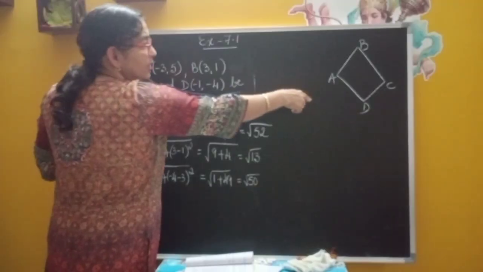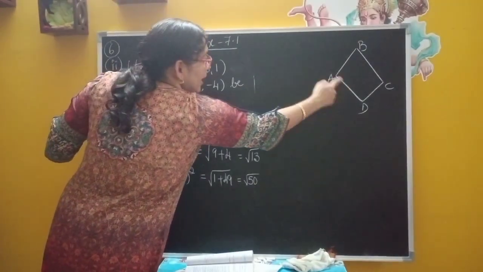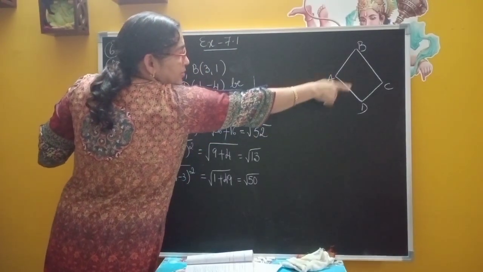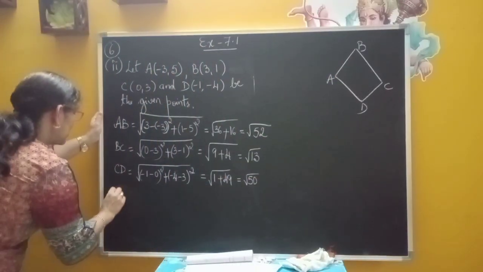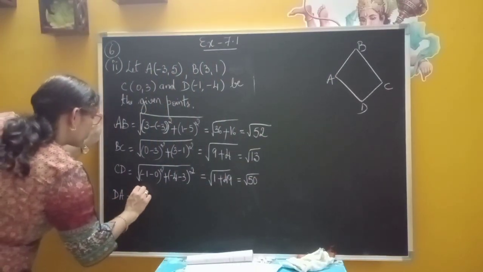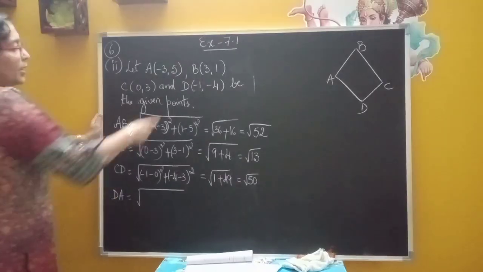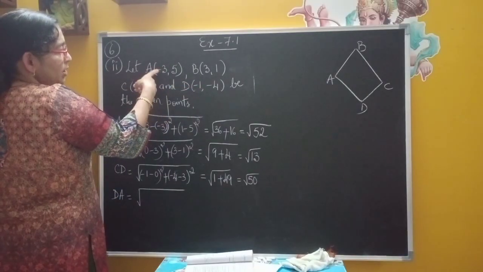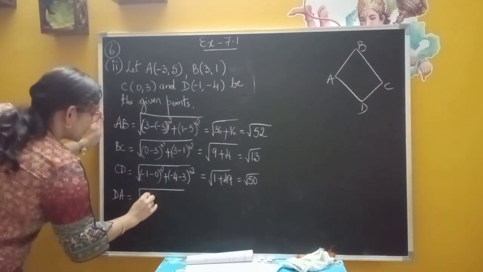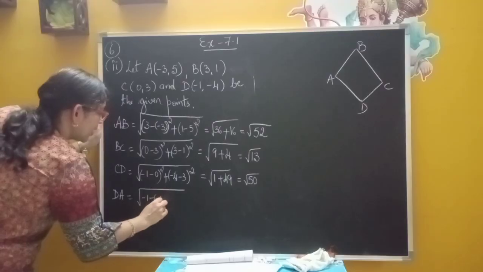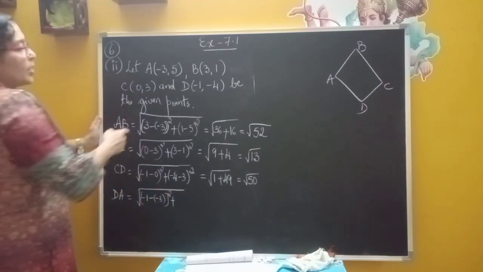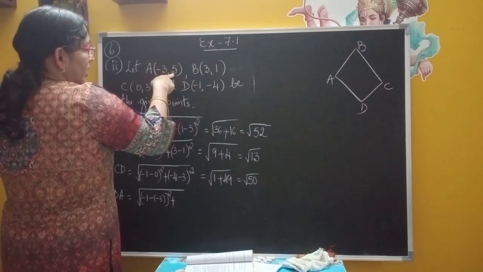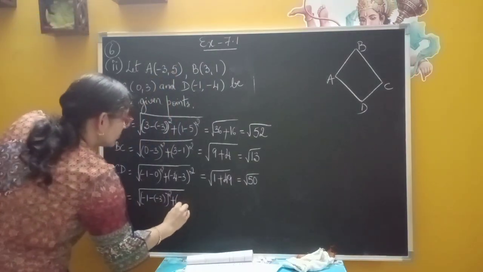Next is the last side. Which one is that? That is DA. AB, BC, CD we have done. Now the last one is DA. DA is equal to the square root of minus 1 minus of minus 3 whole square plus minus 4 minus 5 whole square.